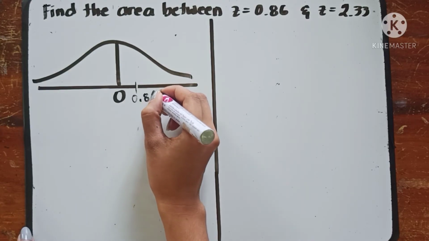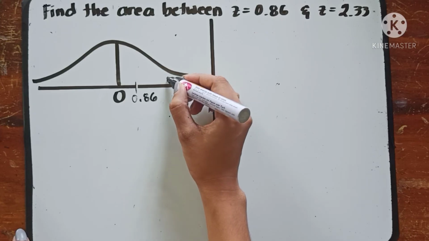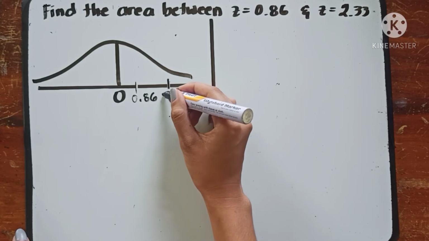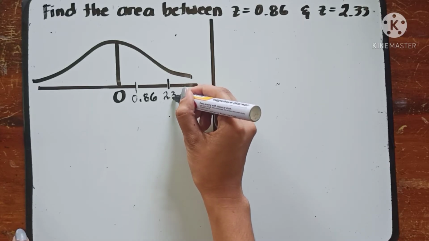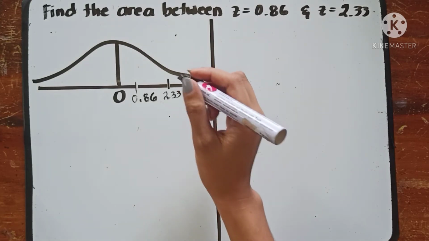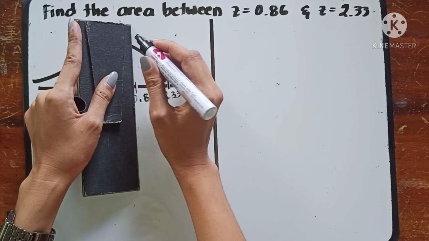And 2.33 is nandito. Nasa right ni 0.86. So, ngayon, ang hinahanap natin, analyze na mabuti ang hinihingi, ang given.